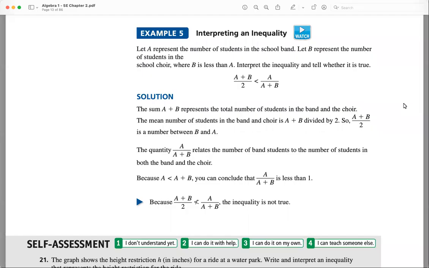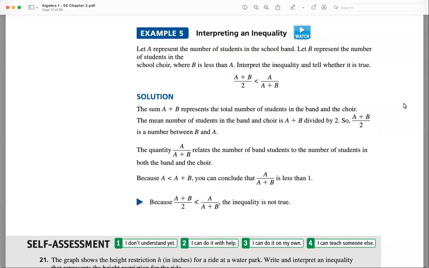Okay, on the next page, in the last part of the lesson, they want me to interpret an inequality. Okay, so I'm going to give you a little hint how it's best to do this. When they give you all these letters, it's very difficult just to look at it and say, oh, this is easy to do.